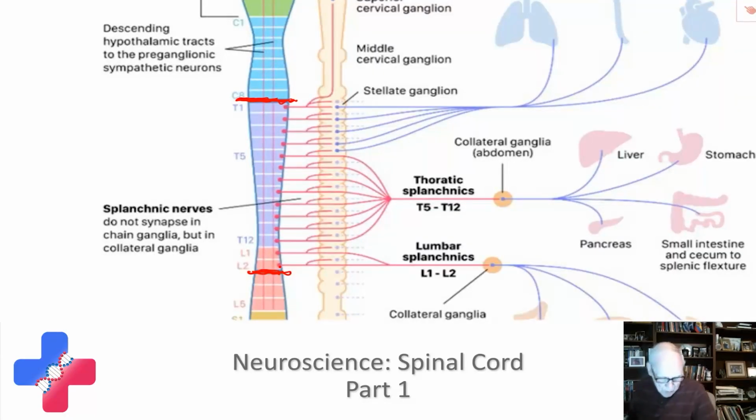So notice there are 14 segments of the cord that give rise to the preganglionics that will distribute throughout the body as sympathetic innervation. You'll notice that these preganglionics are indicated by these red circles. These are just schematic representations of these preganglionic cell bodies that are in these segments of the cord.